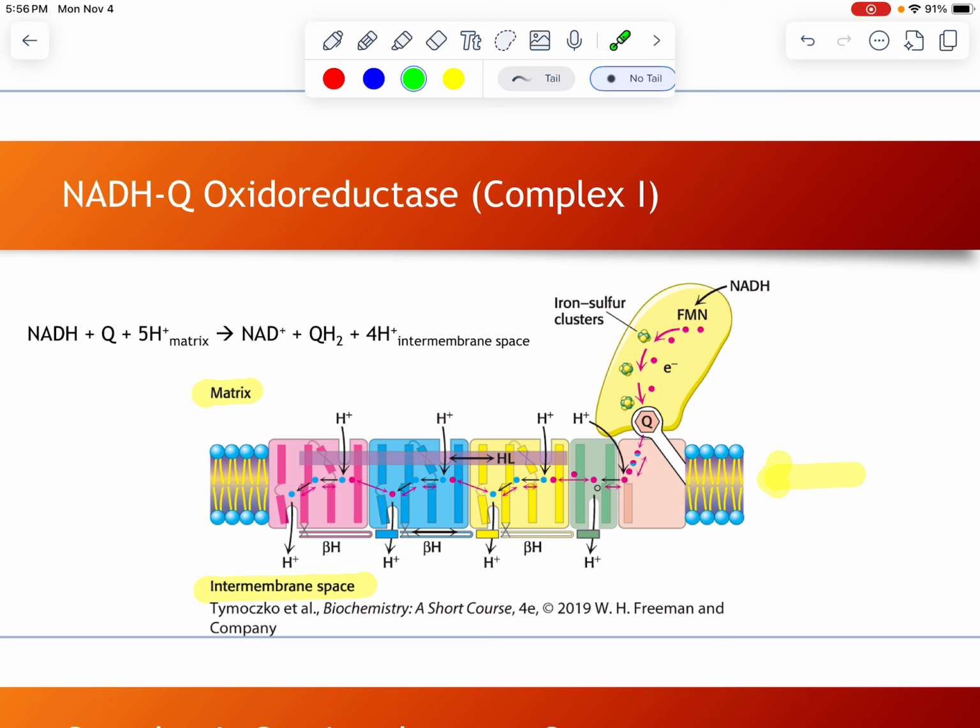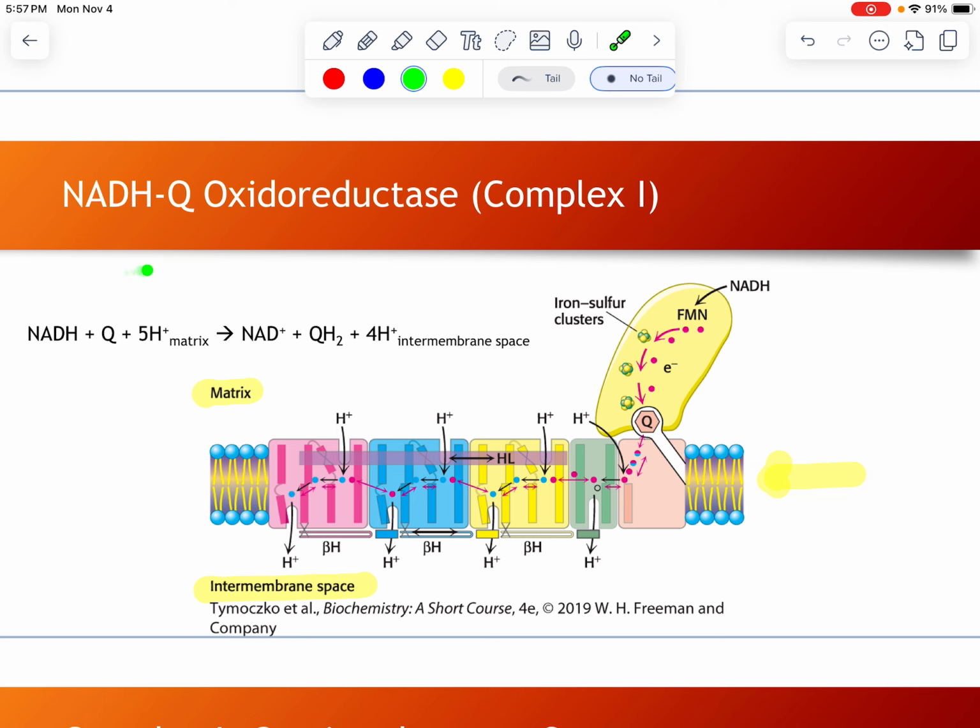All right, let's look a little bit at the stoichiometry of the complex. So an NADH will essentially react in a redox reaction with ubiquinone and 5 protons from the matrix, and it'll convert it to the oxidized form, so NAD plus.